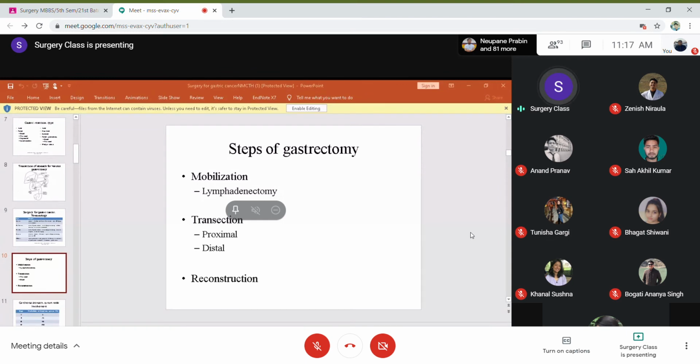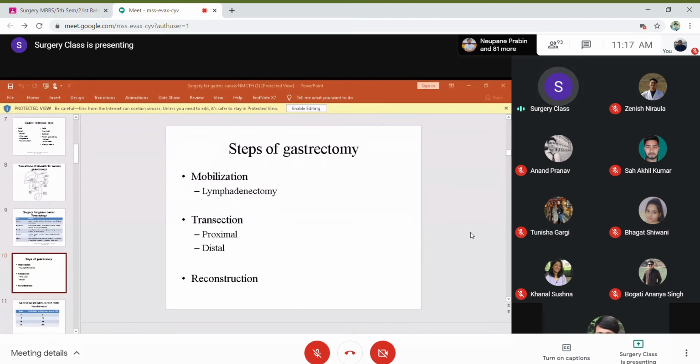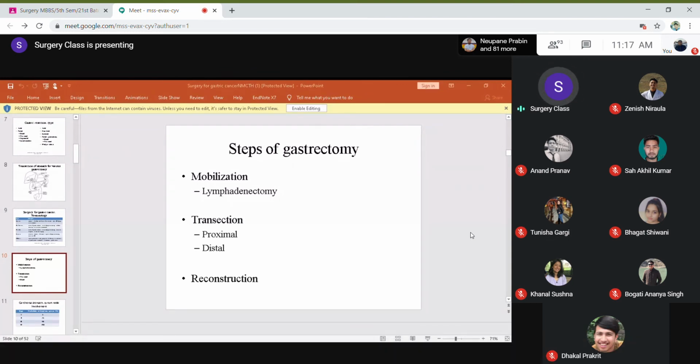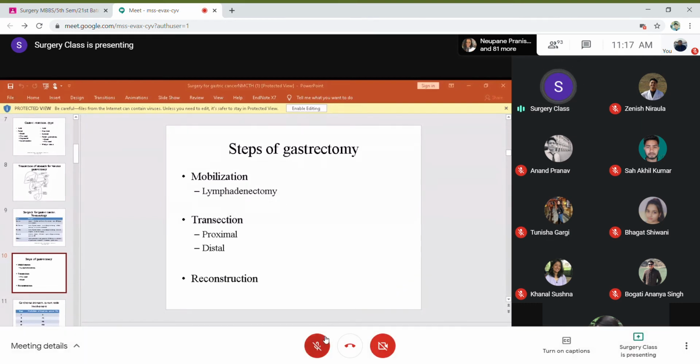Once you have removed it, you can see I have put the marking there. Then we go up to the anterior capsule of the pancreas. We reflect all those flimsy layers and remove the anterior capsule of the pancreas.